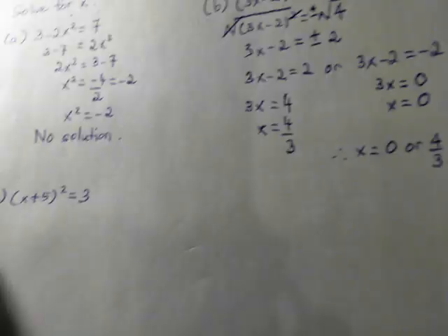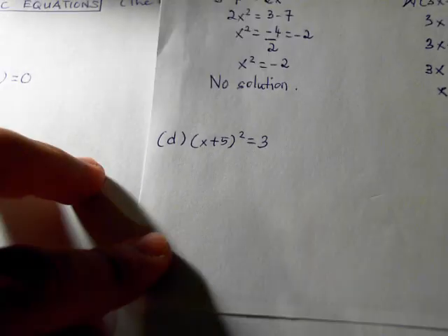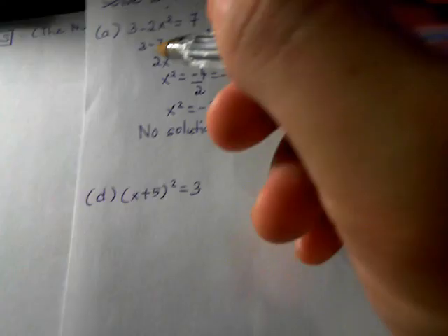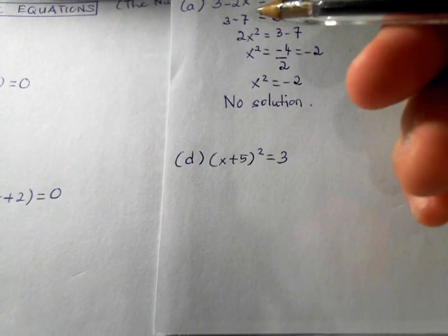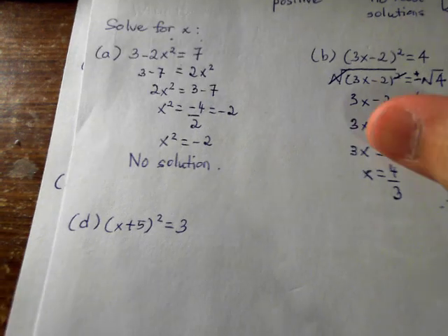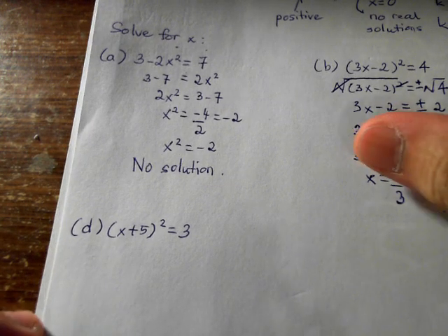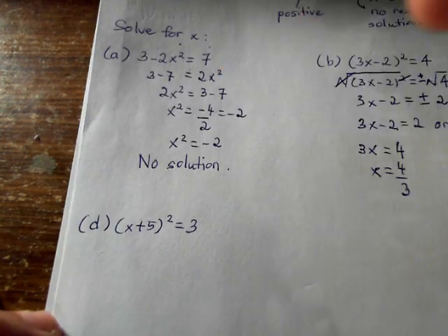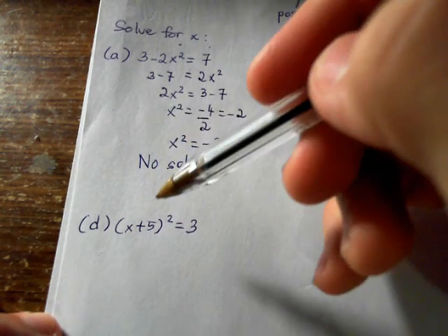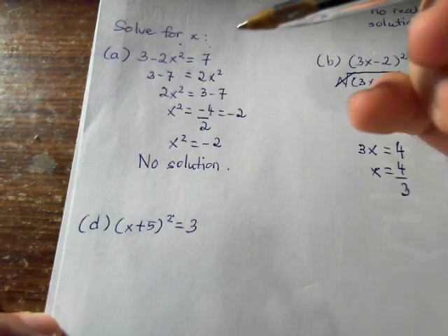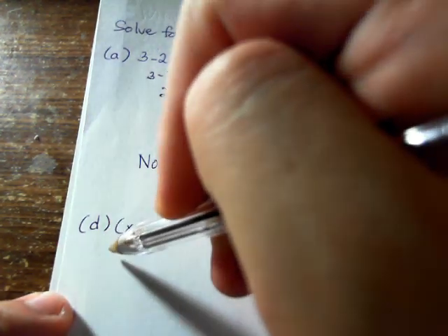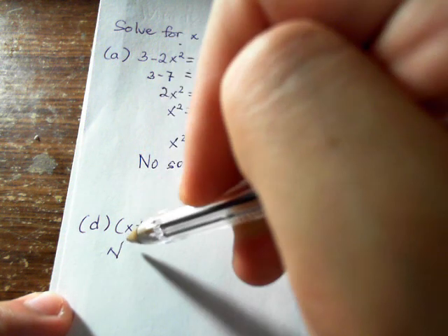The final example that I have at this moment is x plus 5 squared equals 3. As we have seen before, when we have a square on the left hand side, and we are trying to get rid of it to allow x to be the subject, just make sure that we square root both sides.